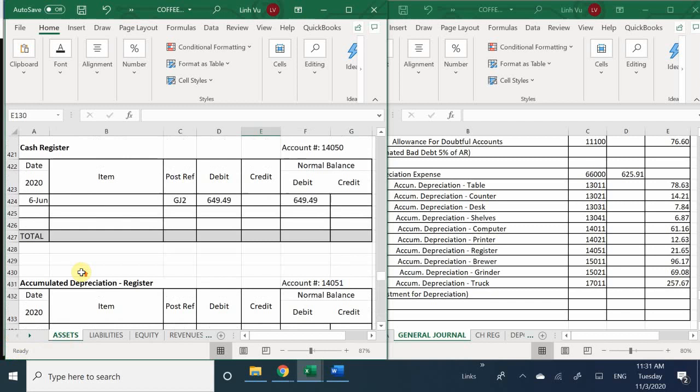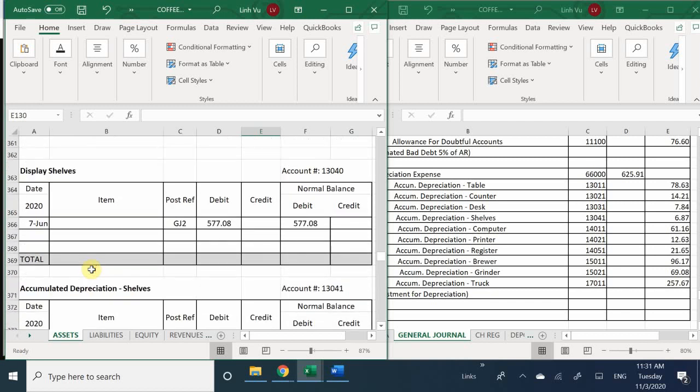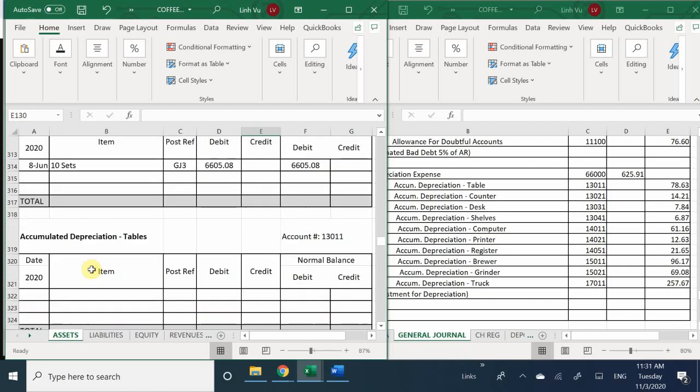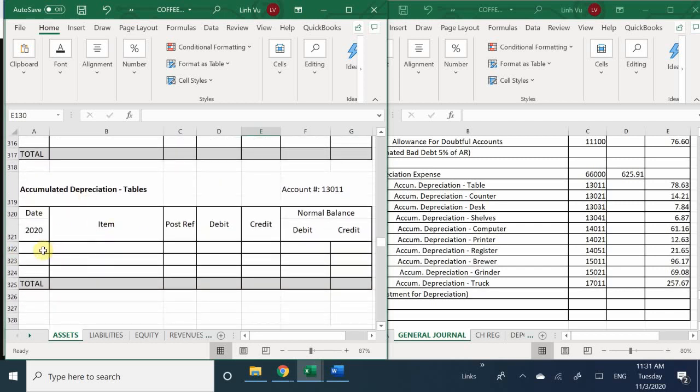So, starting from the top with our furniture. Okay, so bistro tables, accumulated depreciation for tables is going to be 630. Okay, general journal number 22. And how much am I crediting my tables for? 7863.